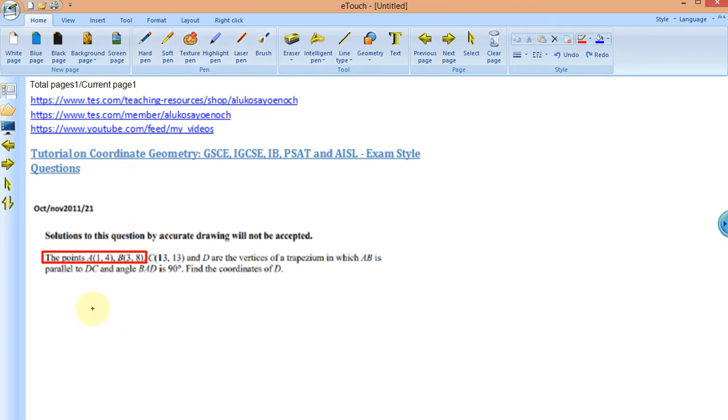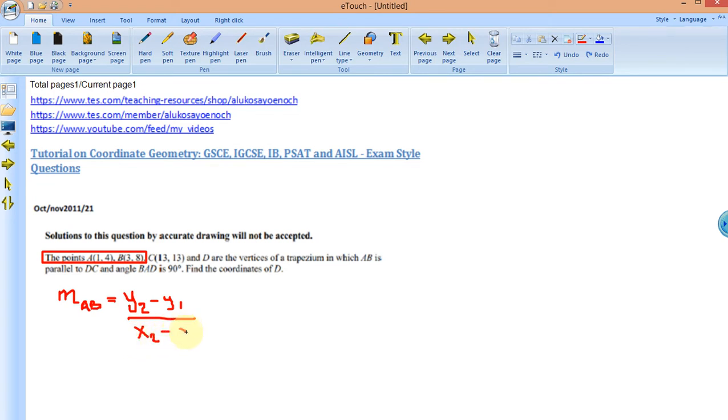Okay guys, don't forget how to find the gradient of a given line. For AB, let's denote it with M subscript AB. The formula to find the gradient is the change in y divided by the change in x, that is y2 minus y1 divided by x2 minus x1.